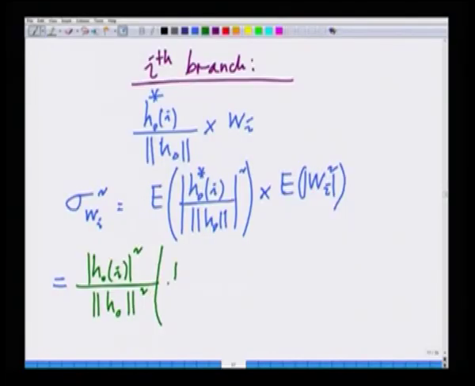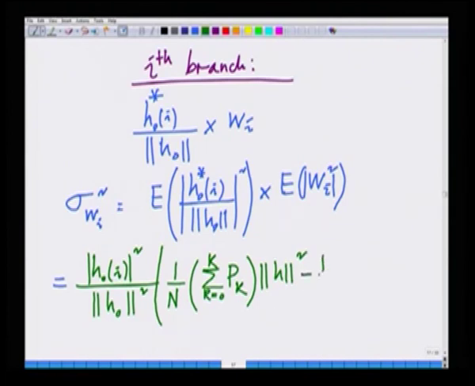So, that expression is nothing but 1 over n times summation k equals 0 to capital K, P k norm H square, minus 1 over n P naught magnitude H naught of i whole square, plus sigma n squared over n.